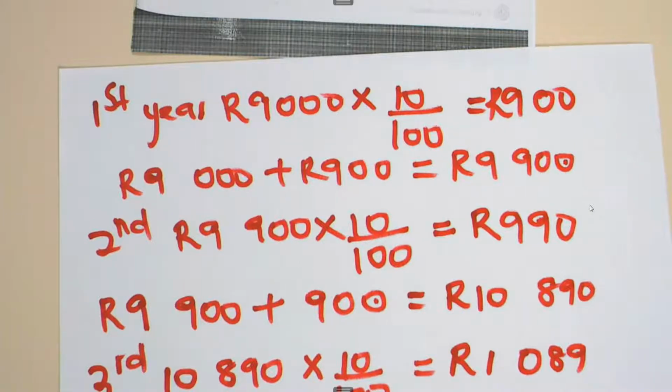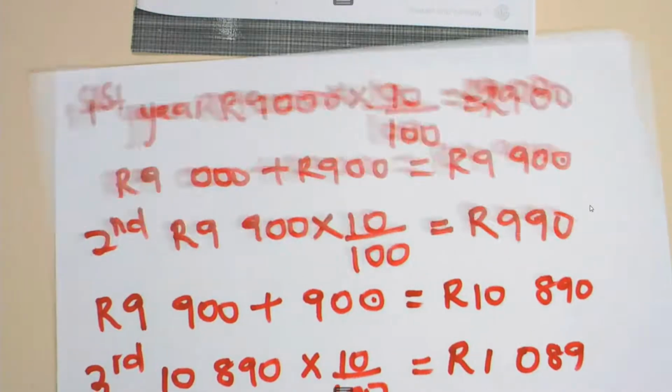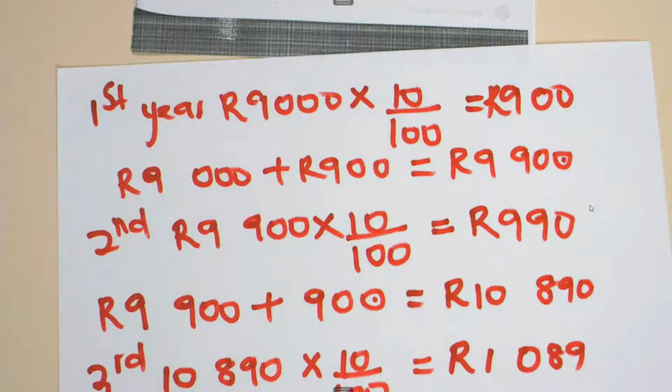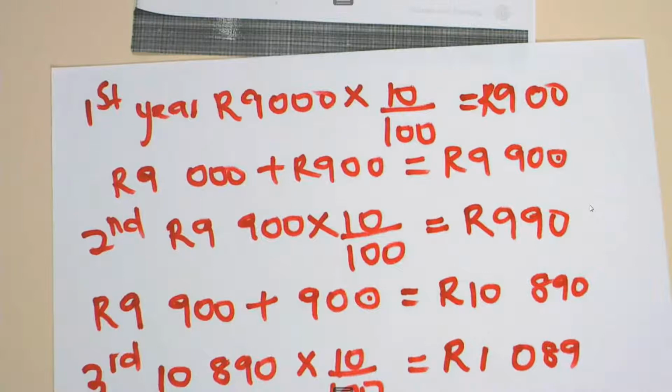And then, because we are in year number 4, we must be able to add this 1,197 rand and 90 to 11,979. So we have 11,979 plus 1,197 rand and 90. We are in year number 4. And then when we calculate, we see that we are going to pay 13,176 rand and 90 cents in year number 4.